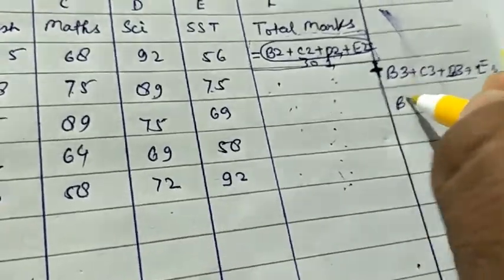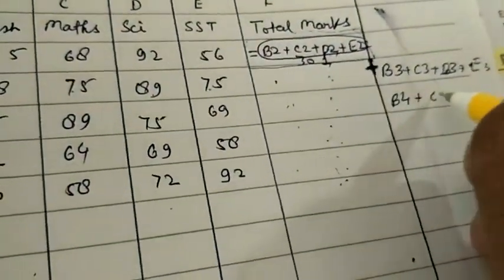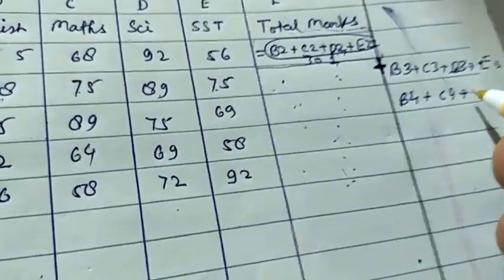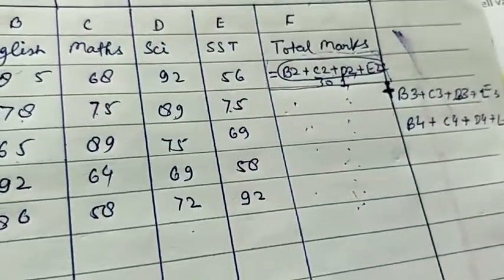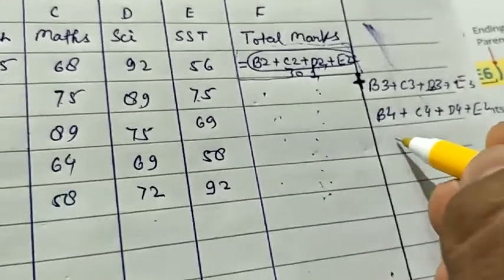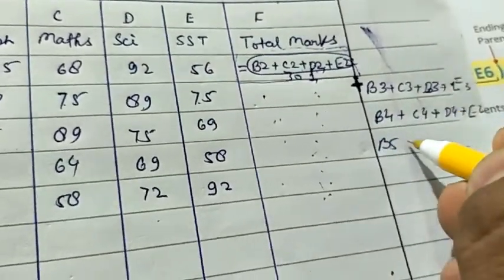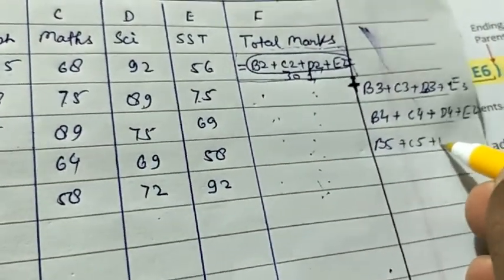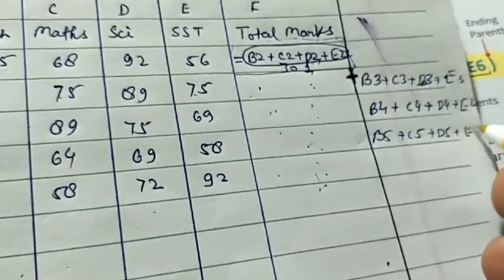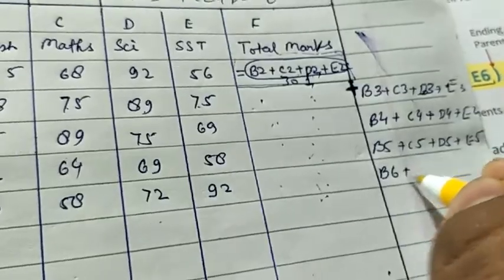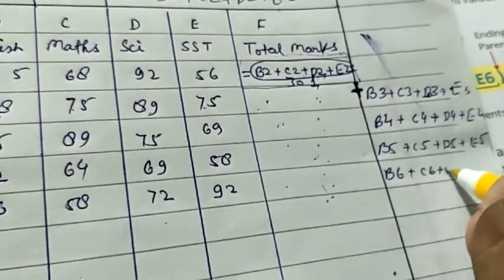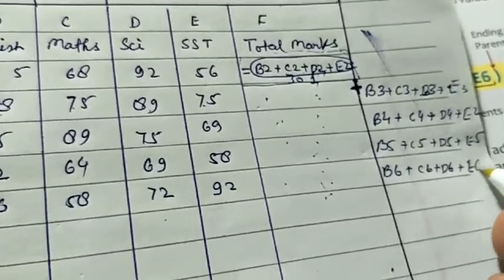Here it will automatically change to B4, C4, D4 and E4. Here B5, C5, D5 and E5. Here B6, C6, D6 and E6.